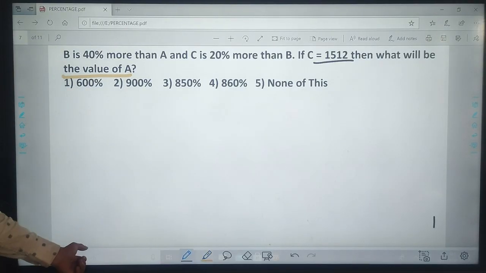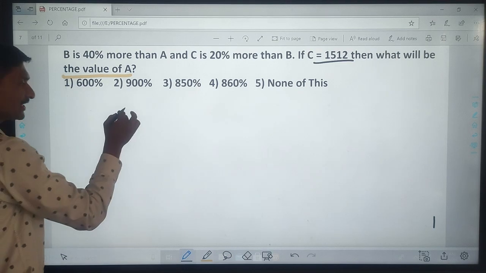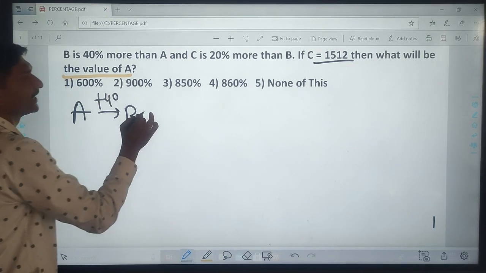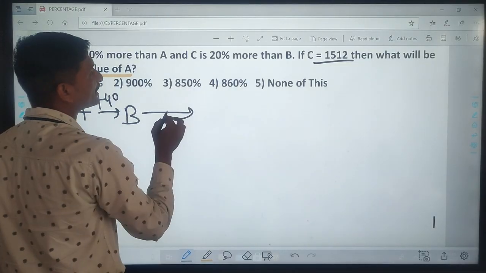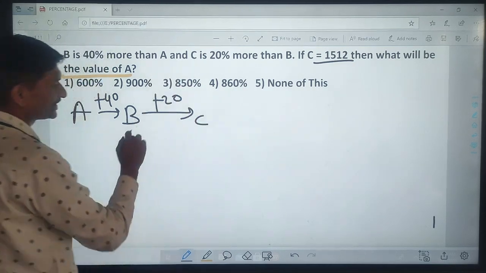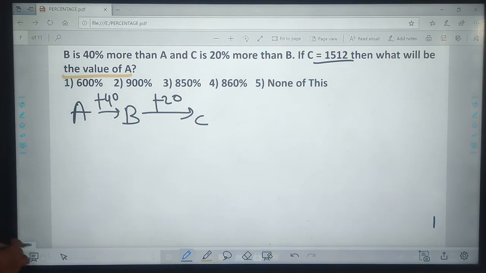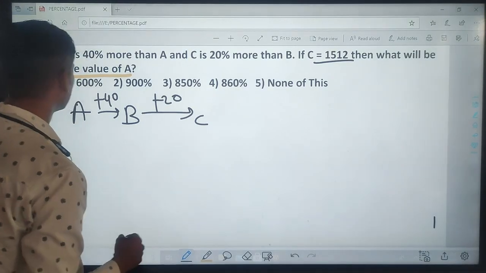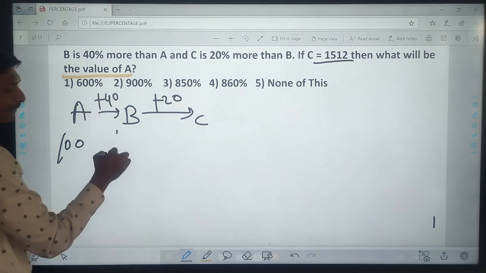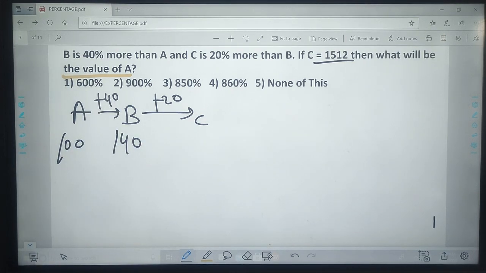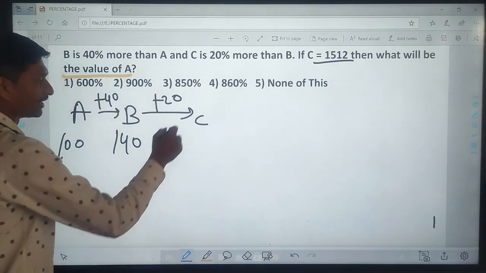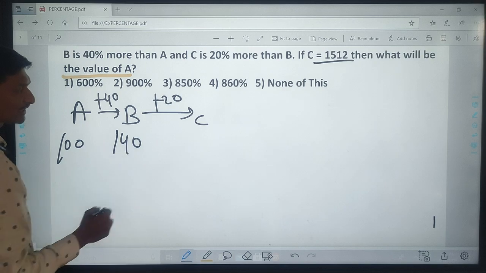Here B is 40% more than A and C is 20% more than B. First we calculate this value. Now here A is 100, then B is 140. And then C becomes 20% more than B.